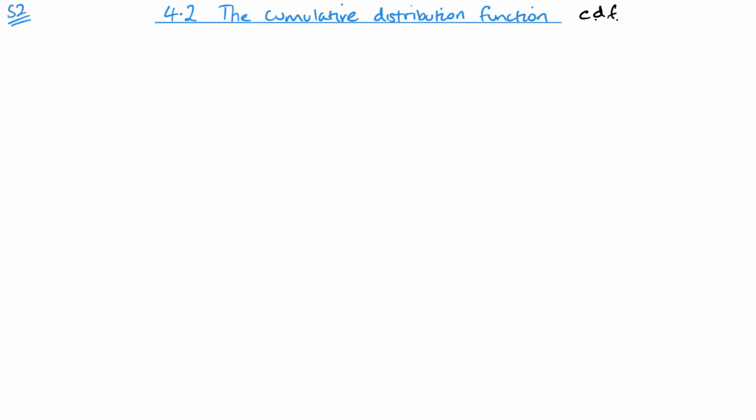Now, for you to be able to tell the difference between the two, it's all about that kind of lowercase and uppercase. So our f of x, this is our p.d.f, a probability density function. The cumulative is with a capital F, so the cumulative distribution function.